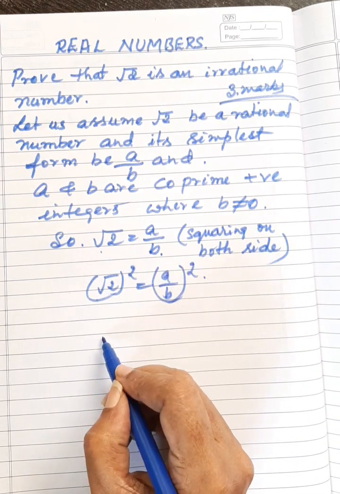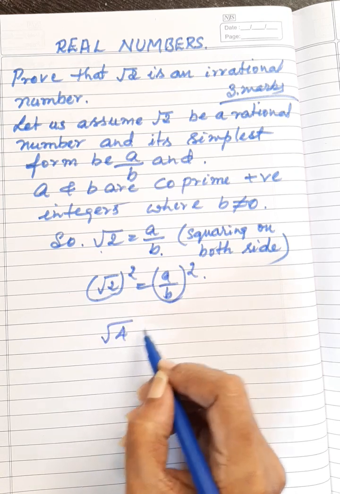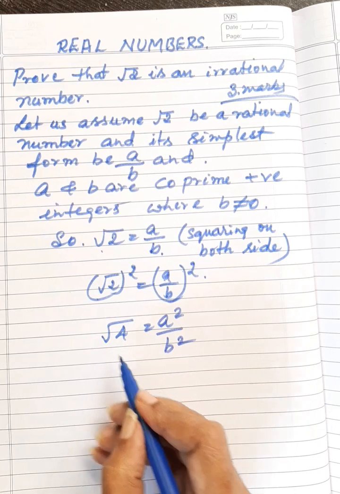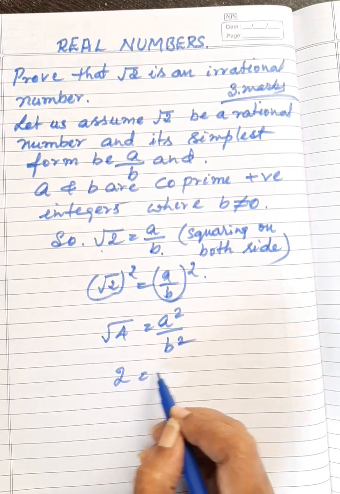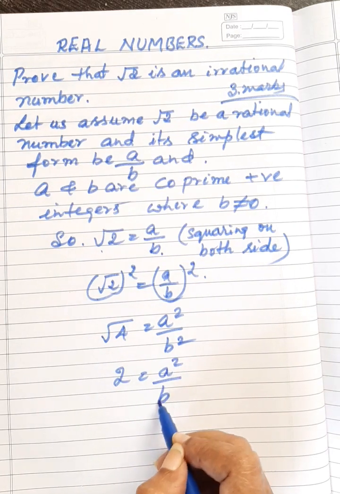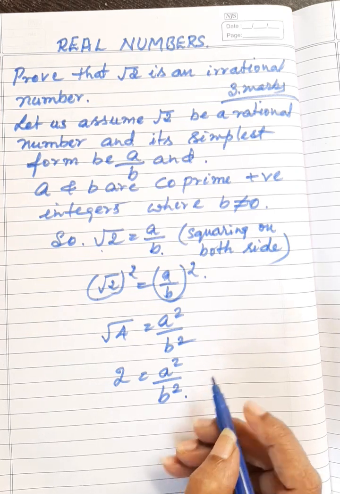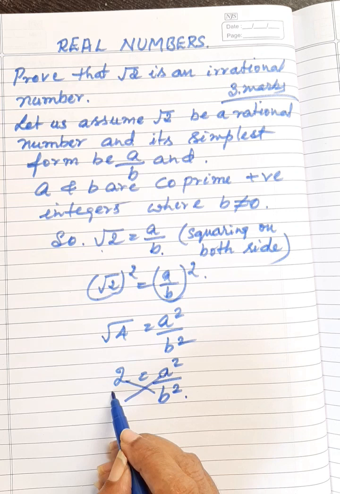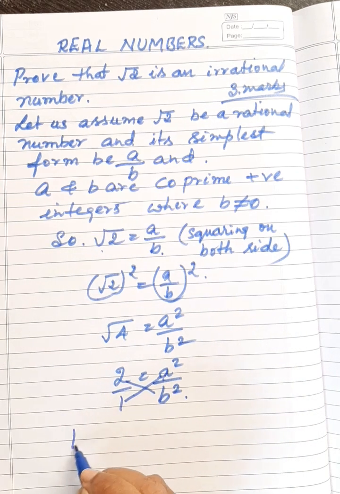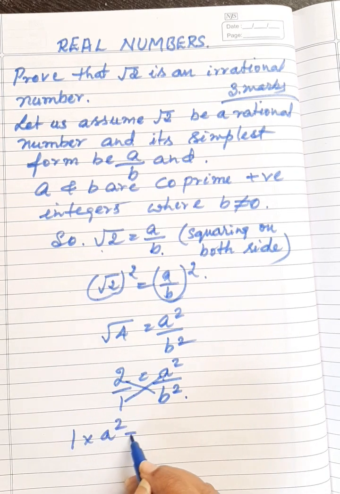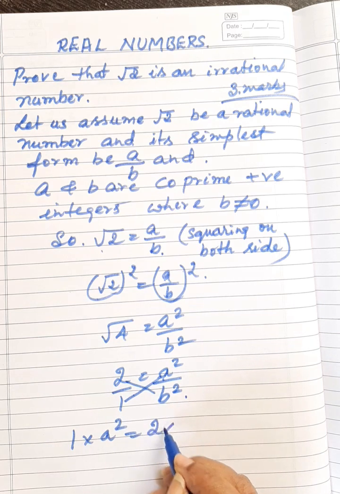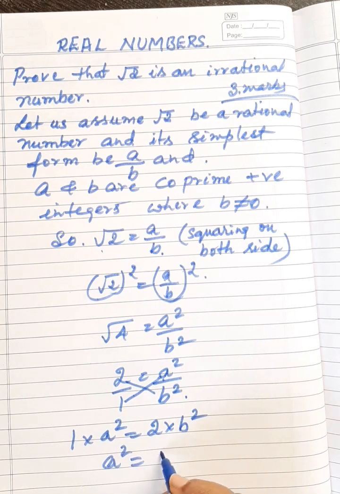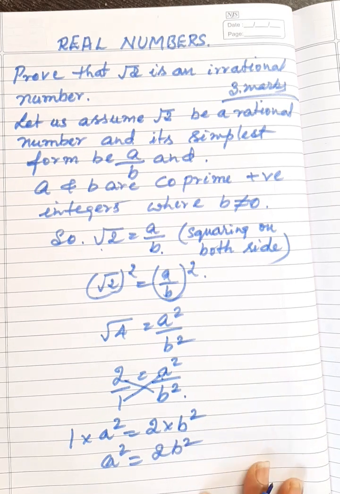Now, root 2 whole square means how much? Root 4 is equal to a square by b square. Now, square root of 4 is 2, equal to a square by b square. Now, while doing cross multiplication, you will get 1 into a square is equal to 2 into b square, so a square equals 2b square.